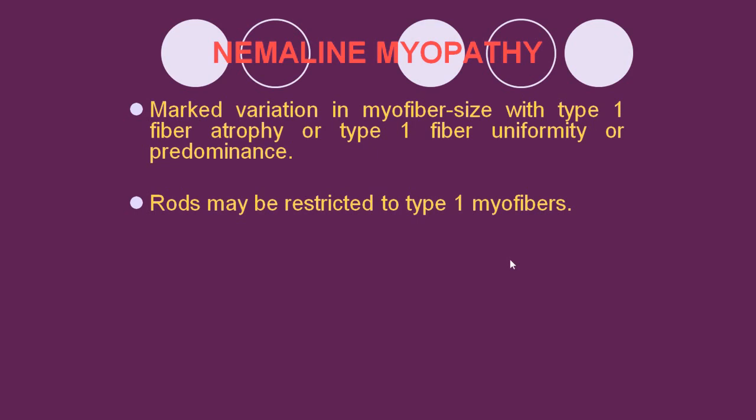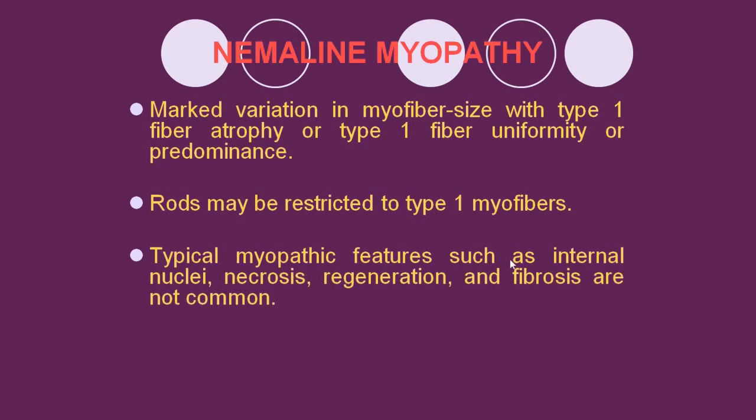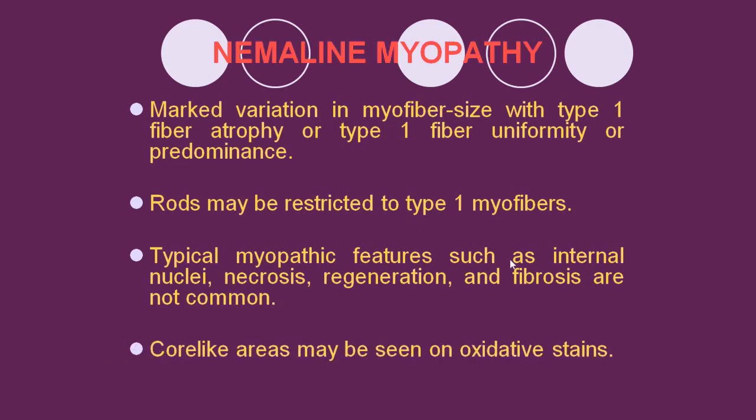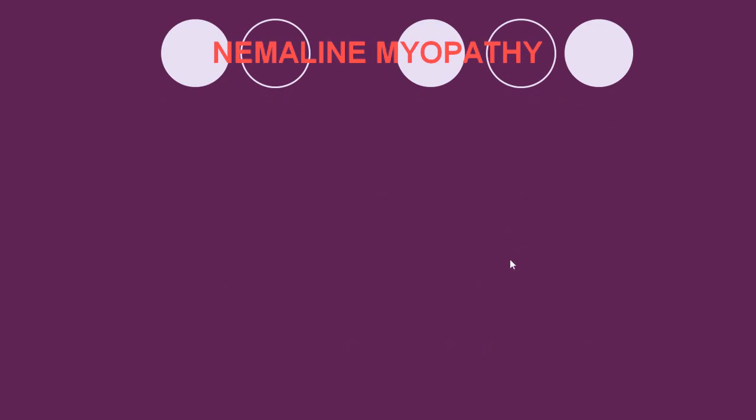Rods may be restricted to type 1 myofibers. Typical myopathic features such as internal nuclei, necrosis, regeneration, and fibrosis are not common. Core-like areas may be seen on oxidative stains.